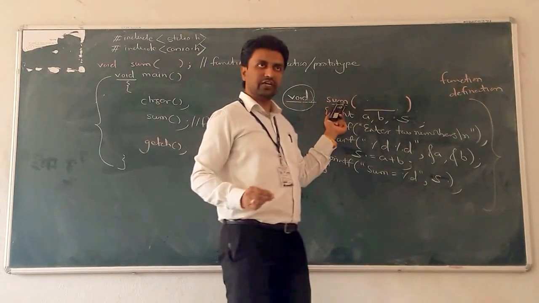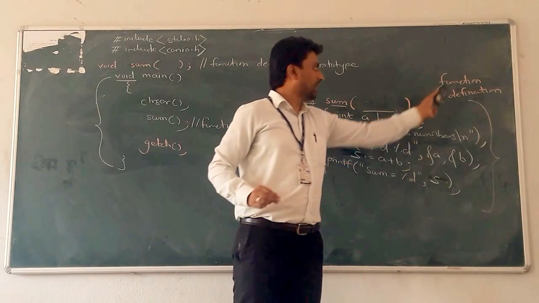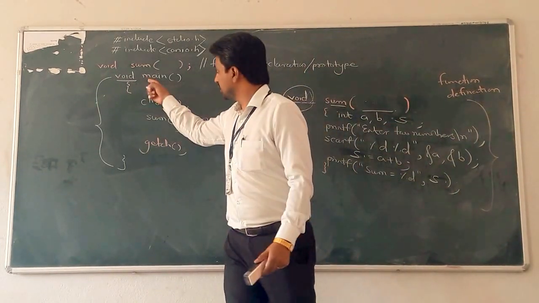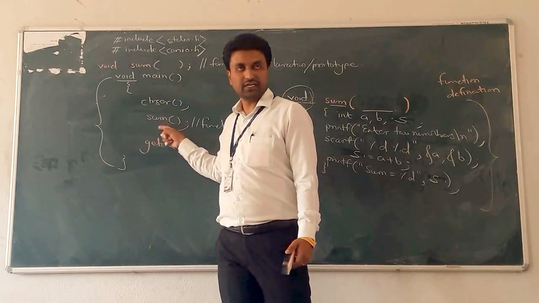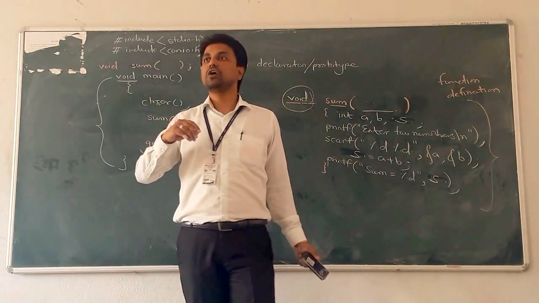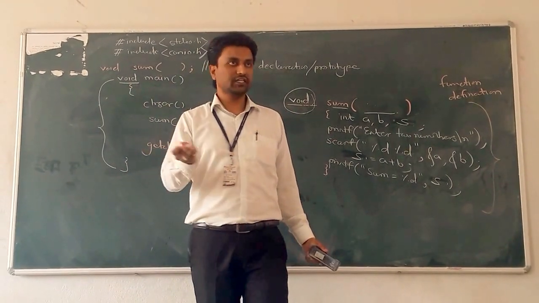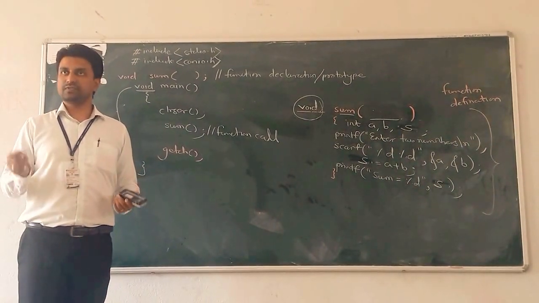Clear? This is the sum function, which we have to design. This is the body of the sum function, and the whole is called the function definition. So the main function called the sum function. Here sum is the called function, and main is the calling function.